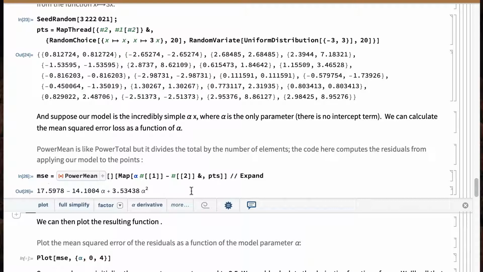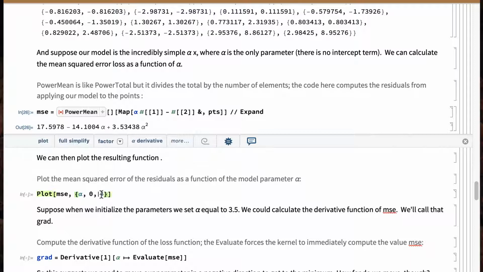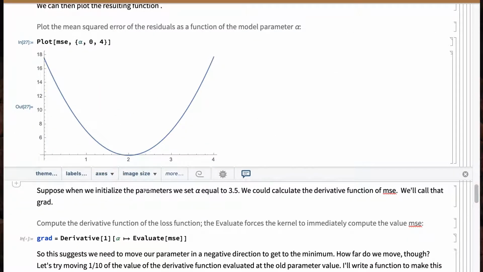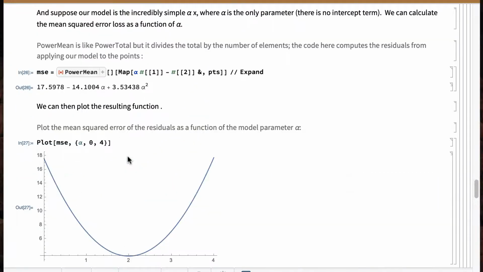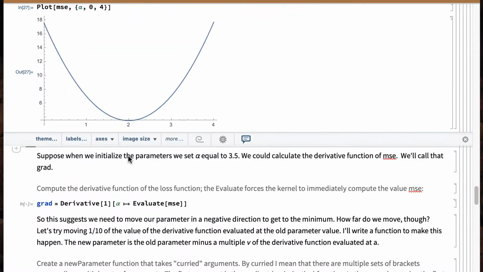So it's some kind of quadratic. And let's plot it as alpha goes from 0 to 4, and indeed we get a lovely parabola. So, you know, we can sit here in our infinite wisdom and know that really we should try to be heading for making alpha 2, but of course our neural network doesn't know that. If it knew that, we wouldn't be using a neural network.